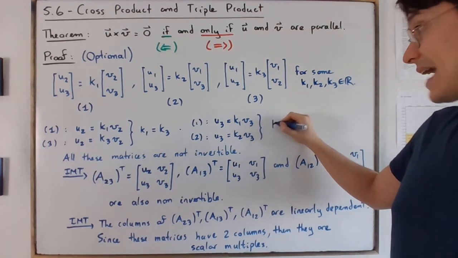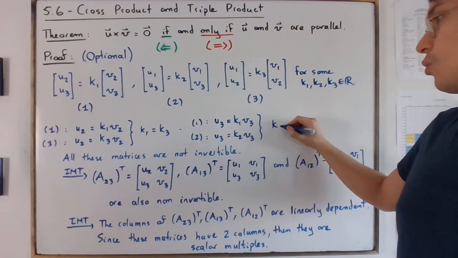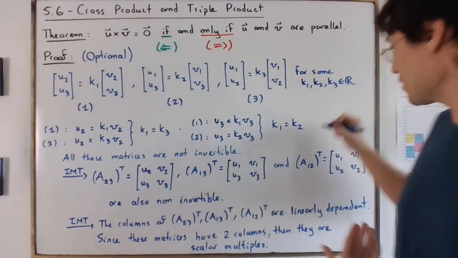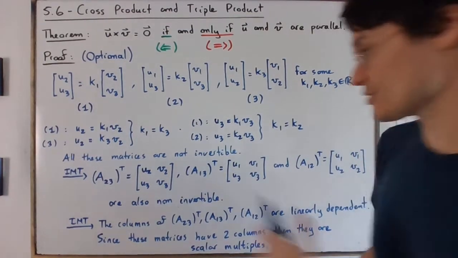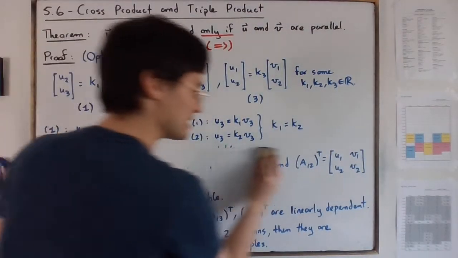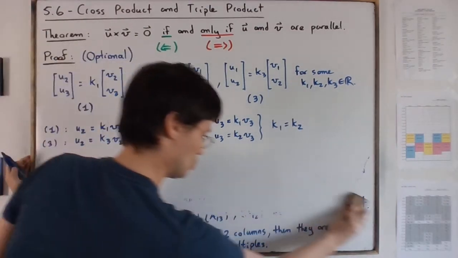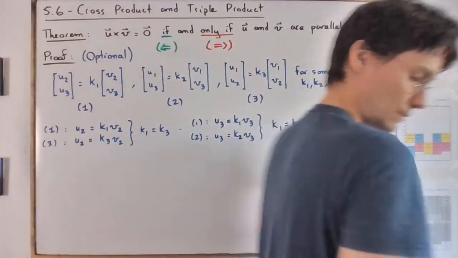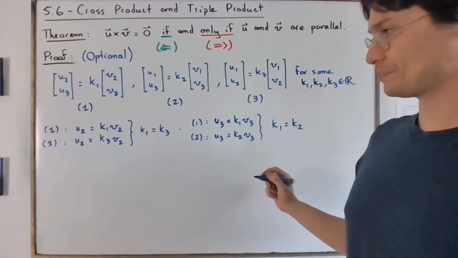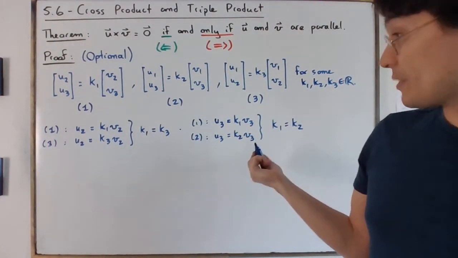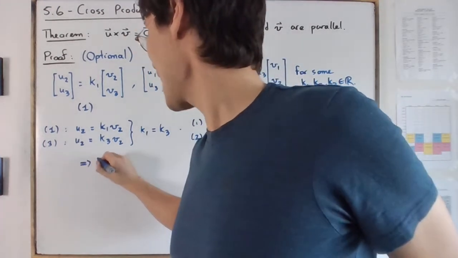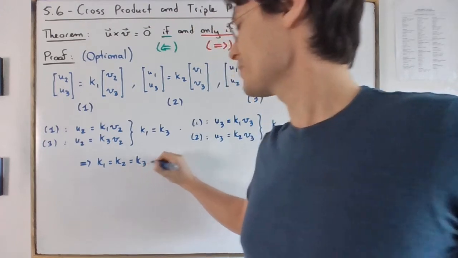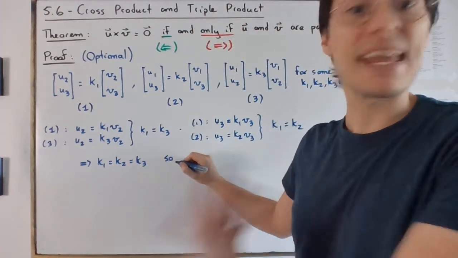So this means that K1 is equal to K2. So putting this all together, and let's erase this argument now, we don't need it anymore. Okay. So now with this, what we can conclude is that K1 equals K2 equals K3. So let's call them just K, right?